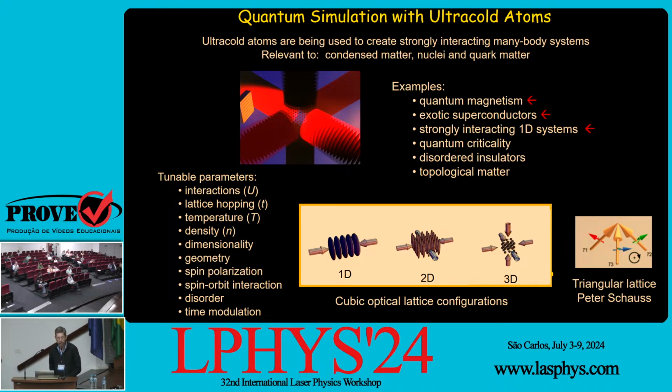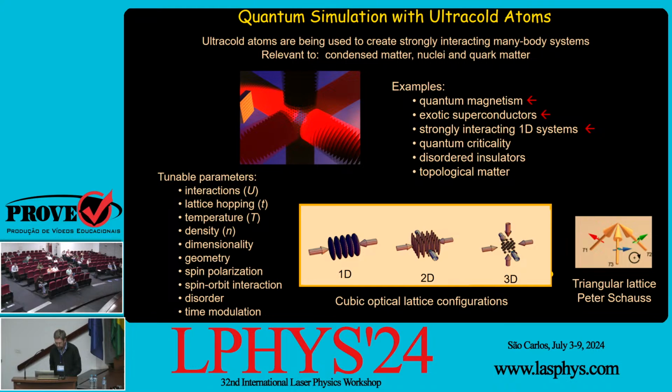So having atoms stand in for the electrons gives you not only the avoidance of some of those unwanted effects, but also allows you to tune interaction strength, tune geometry. You saw in the previous talk today by Hélène that you can make a 2D gas. You can also make a 1D and, of course, 3D gas, depending on how the atoms are confined.